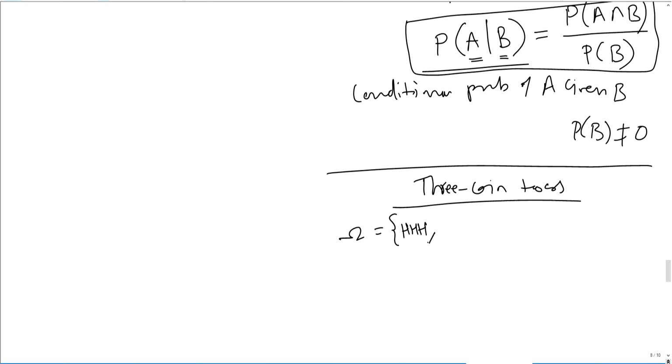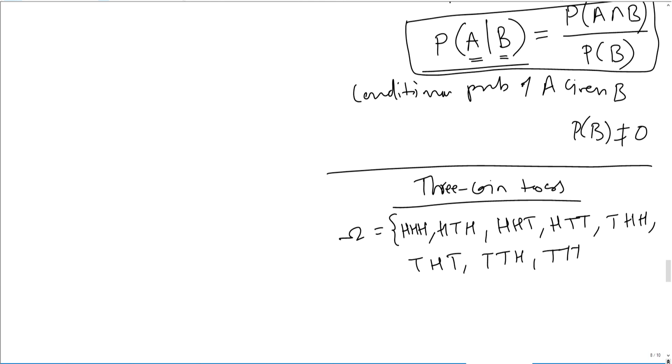Whether you obtain heads on all 3 coins, or head, head, tails, or head, tail, heads, or head, tail, tails, or tail, head, heads, tail, head, tails, tail, tail, heads, or tail, tail, tails, right. So, there are 8 possible outcomes.